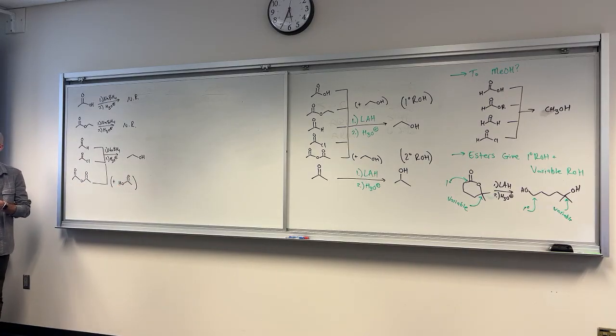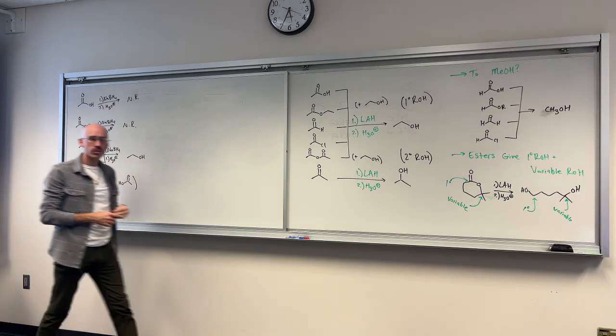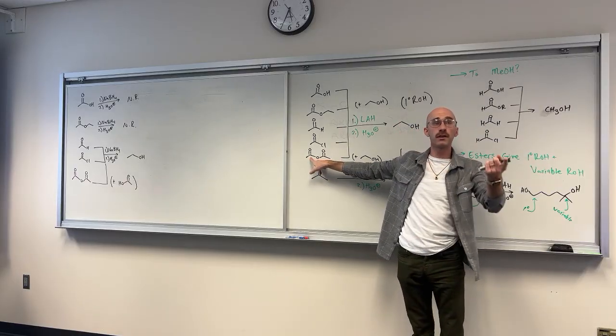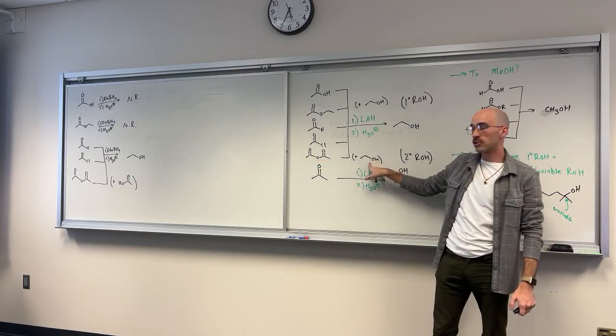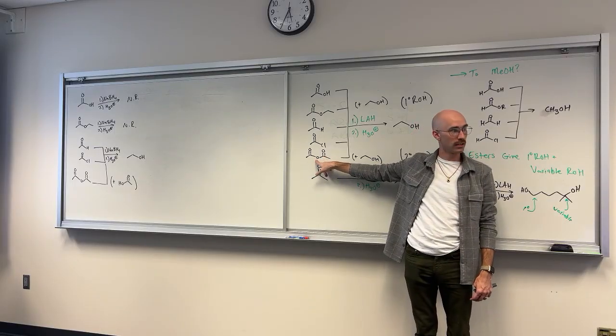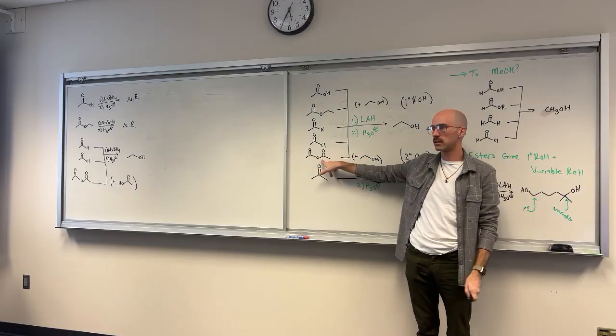carboxylic acid. Okay, we know that carboxylic acids cannot be reduced with sodium borohydride. So this actually tells us something about the mechanism of LAH reduction. LAH takes the anhydride and reduces one of the carbonyls into an alcohol, leaving the other carbonyl with the oxygen as a carboxylate, a deprotonated carboxylic acid.